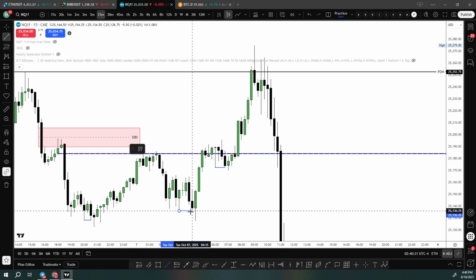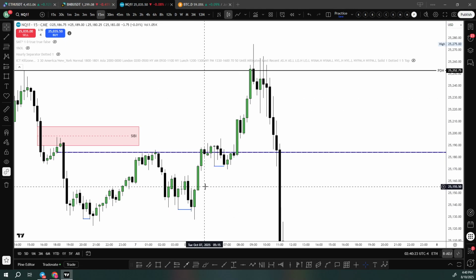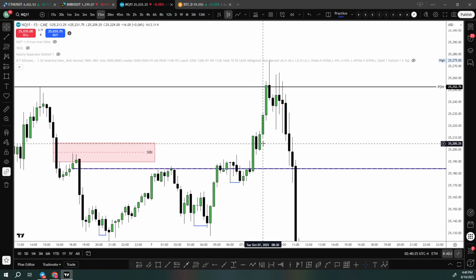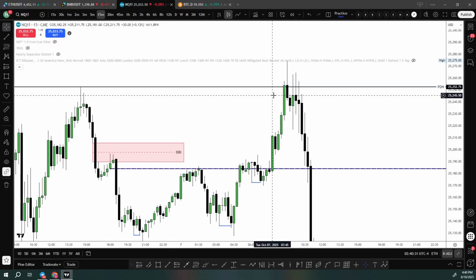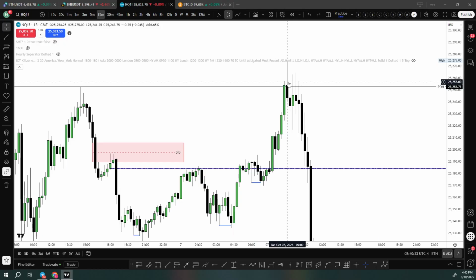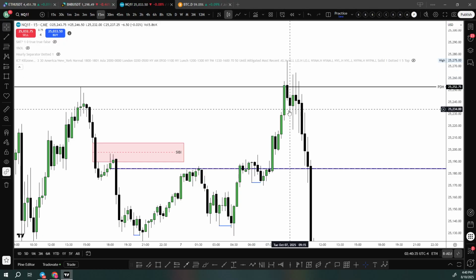Lots of soups, many soups are occurring here on the 15-minute. Then we swept it during 8 a.m., and then we swept it on 9 a.m. and then we closed back below.